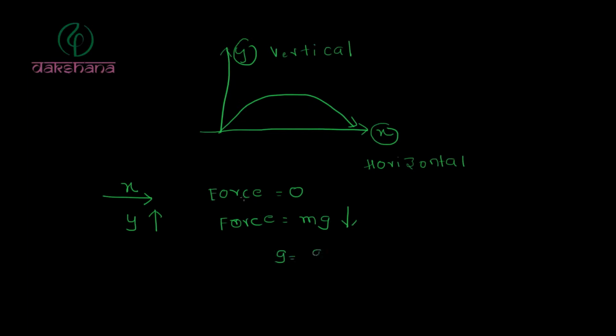where g is given by 9.8 meter per second square. This is the unit of acceleration. So far we know that in the horizontal direction there is no force, in the vertical direction there is a force, and therefore in the horizontal direction there is no acceleration, whereas in the vertical direction there is an acceleration of 9.8 meter per second square downwards.